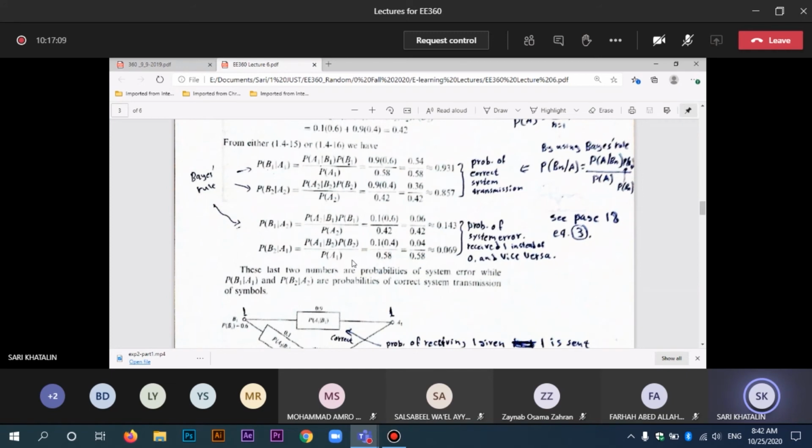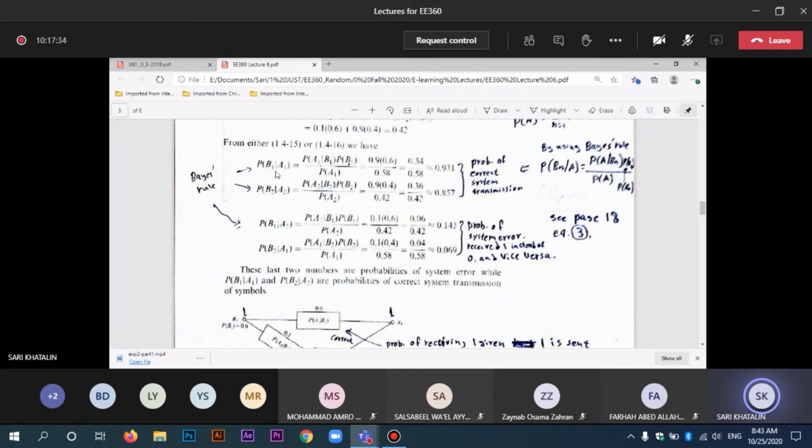Okay. All right. The next thing, we need to find the probability of correct system transmission, which means the probability of sending 1 and receiving 1, or the probability of sending 0 and receiving 0. That's what we are trying to find.